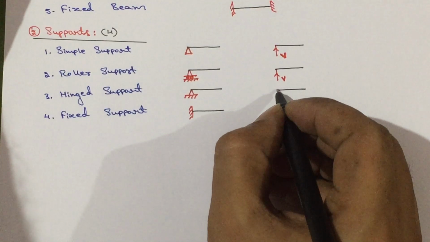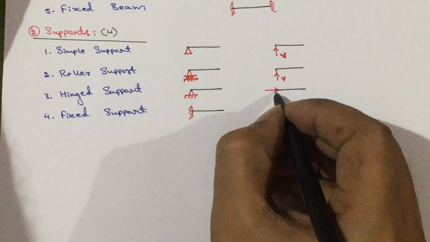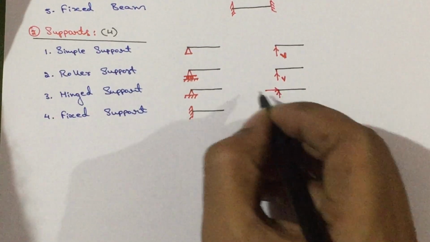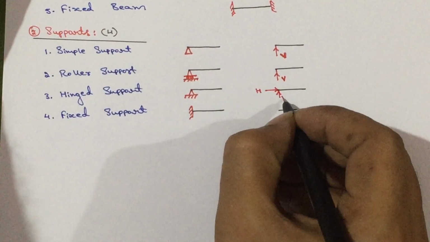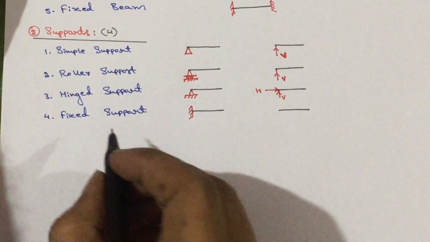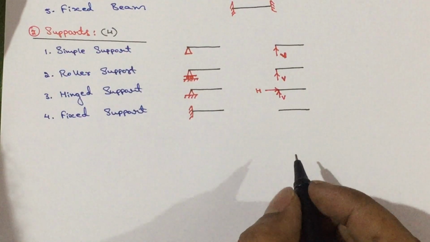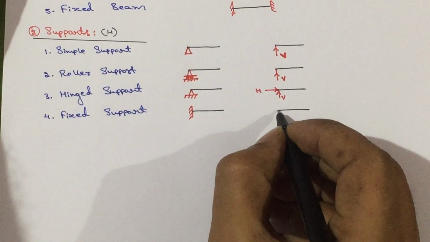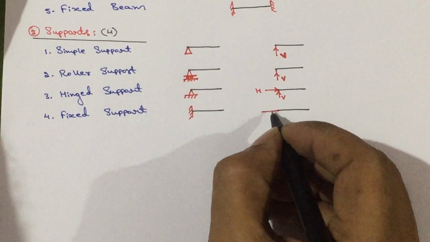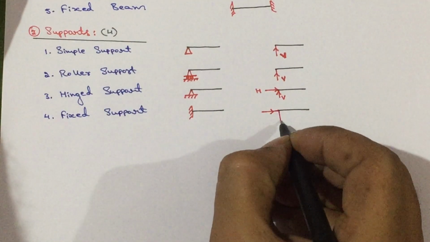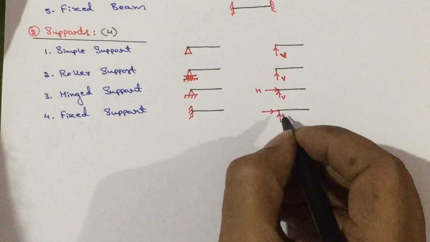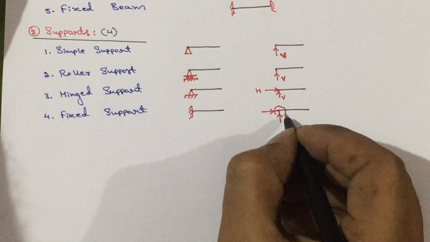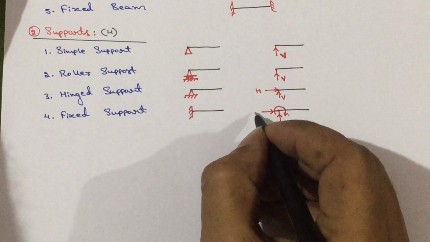We classify into horizontal and vertical. Horizontal reaction, vertical reaction. Then if we come to the fixed support, here you will be having three reactions, that is, one is horizontal, another one is vertical, then next one is moment.